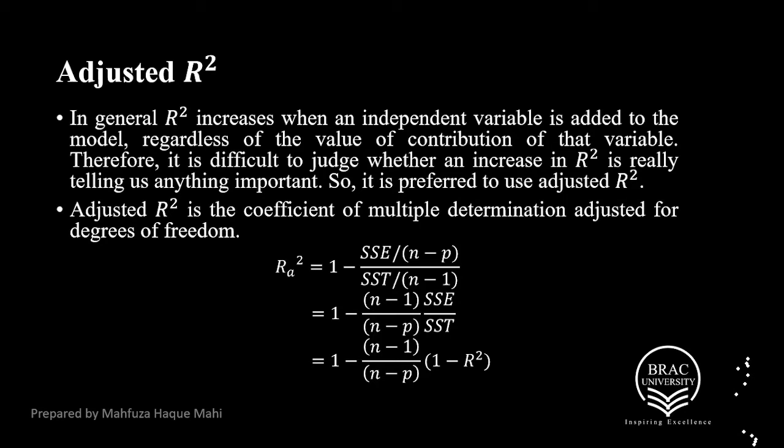The relationship is R a square, which is adjusted R square, equals 1 minus (n minus 1) divided by (n minus p) times (1 minus R square). Here n is the total number of observations and p is the number of independent variables.